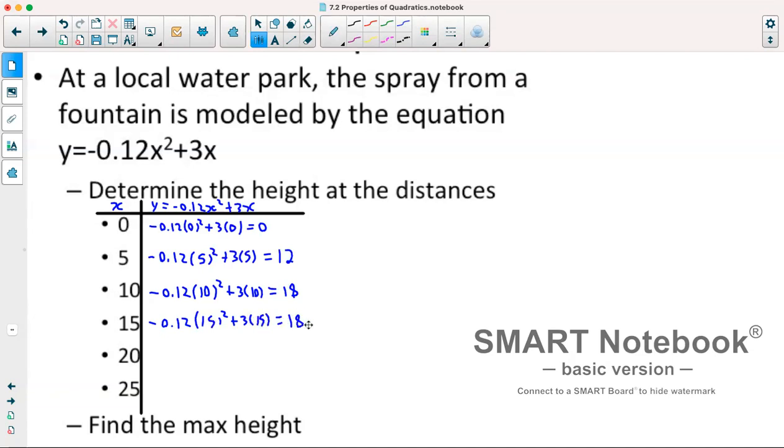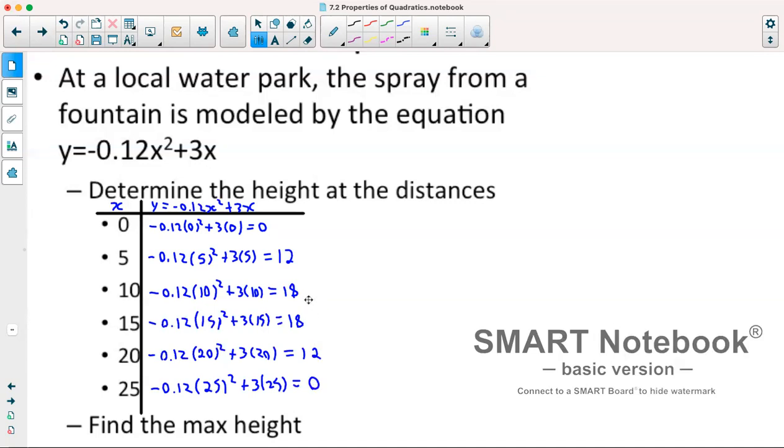That gives us 18. Next, we've got negative 0.12 times 20 squared plus 3 times 20, which gives us 12. Next, we've got negative 0.12 times 25 squared plus 3 times 25. And that gives us 0.